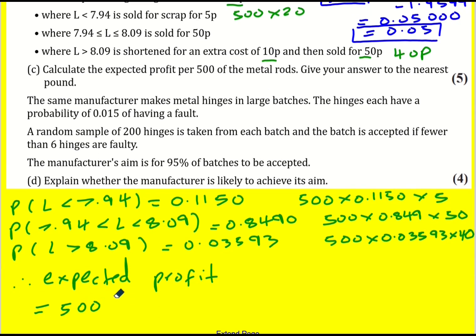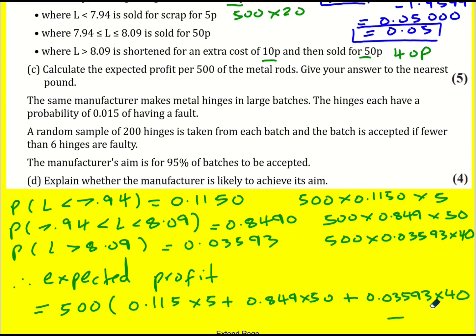So we can just do 500, factorize that out, and then I'll minus the 20.